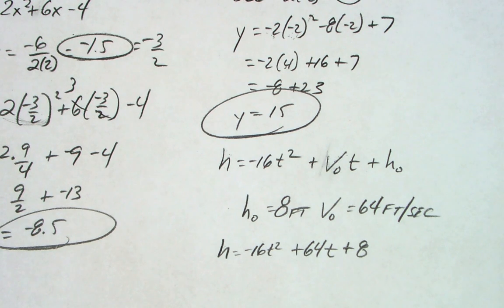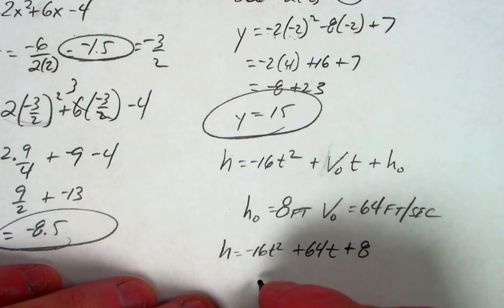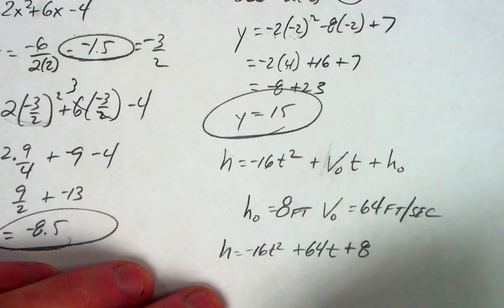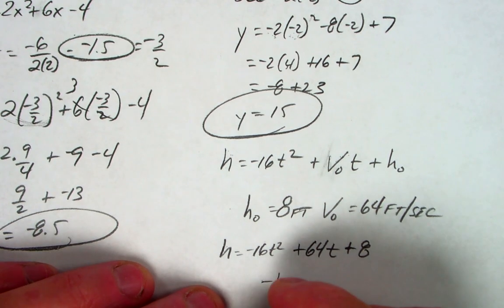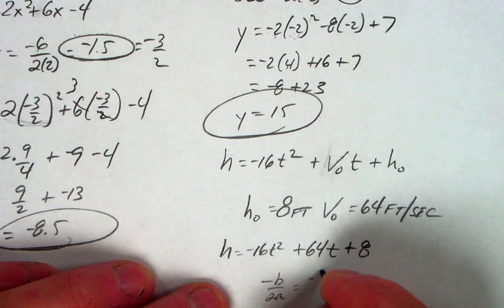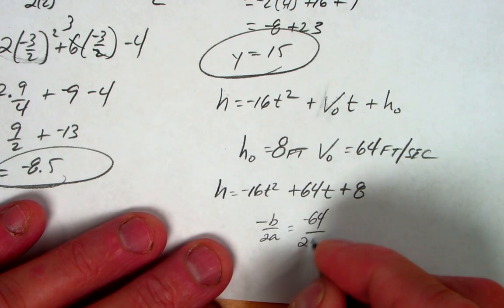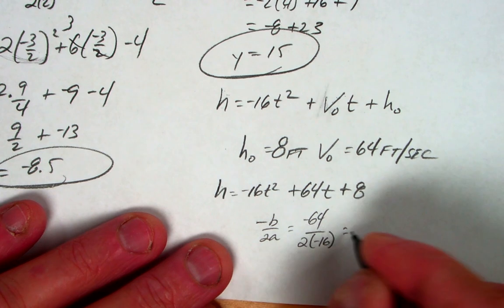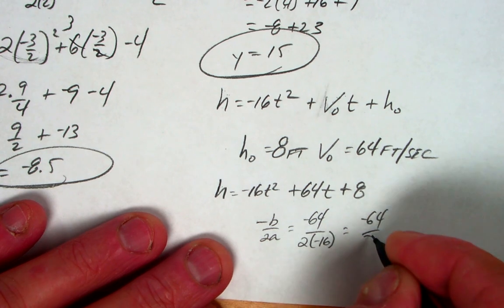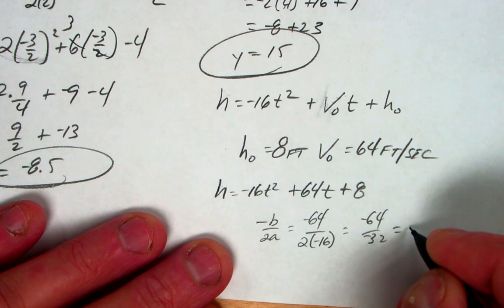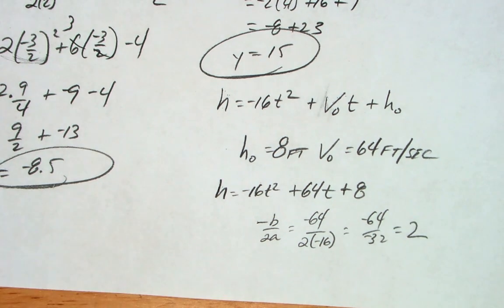Here we go. Negative b over 2a equals negative 64 over 2 times negative 16, which is negative 64 over negative 32, which is 2. Look at my input into this equation. My input is t.